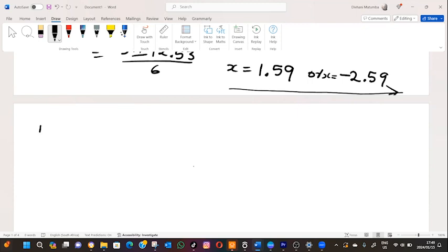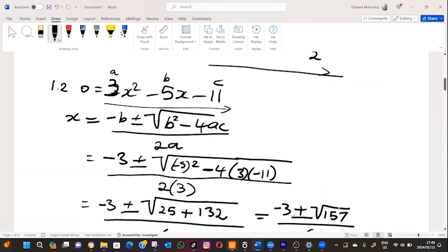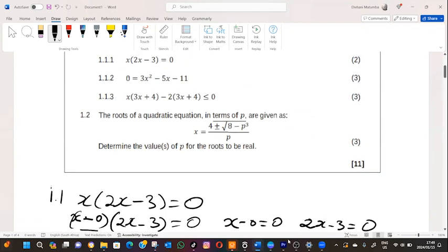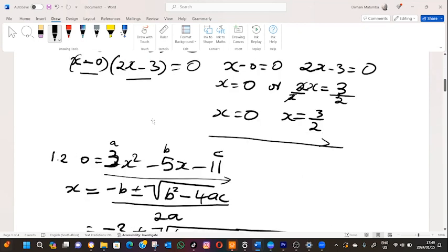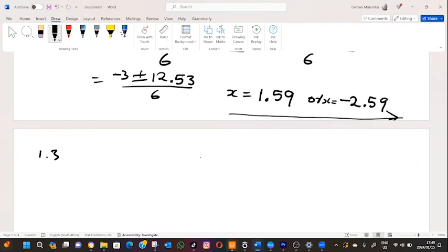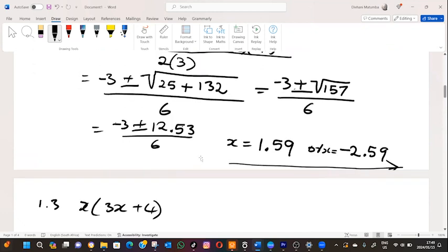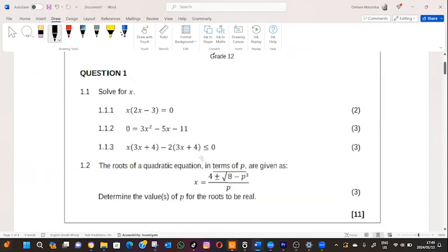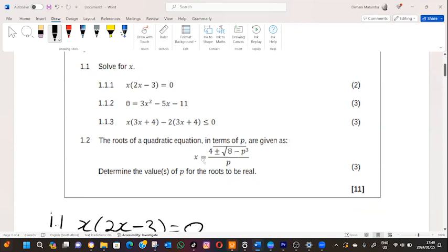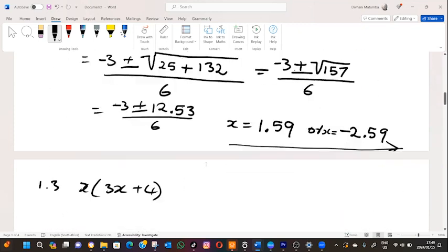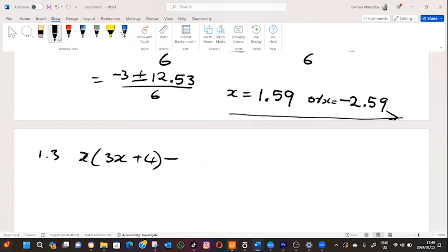Now, number 3 says, okay, so we have x into 3x plus 4, minus 2 into 3x plus 4 is less than or equal to 0.